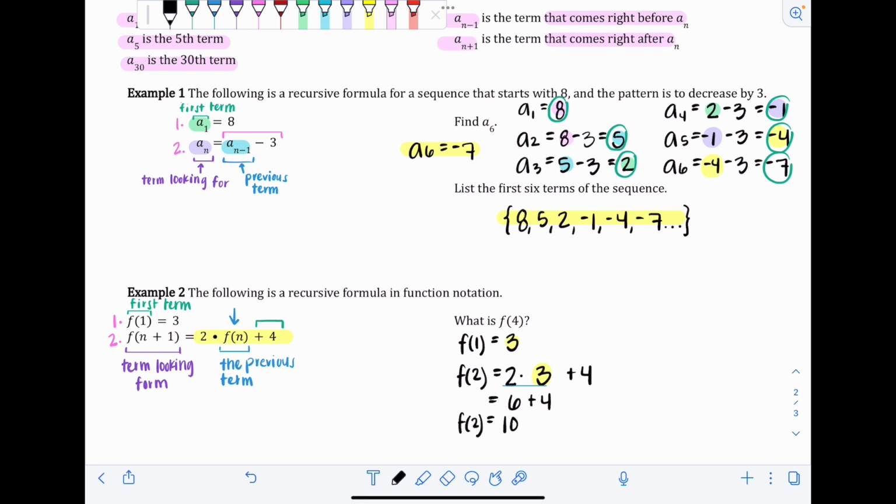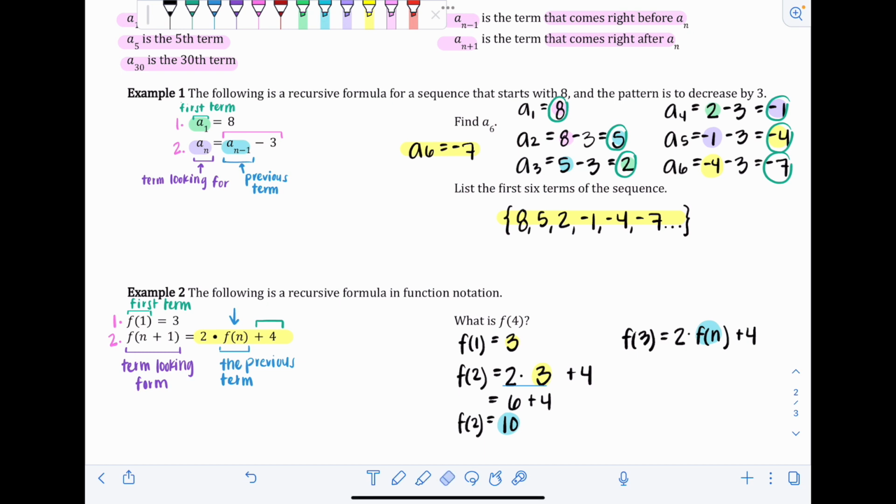And then for f of 3, I'm going to do the same thing where I just go ahead and rewrite the rule. So the rule itself, and I'm referring to this whole part right here, was 2 times f of n plus 4, and f of n is the previous term. So we have to take our previous term, which was 10, and put it in for f of n.